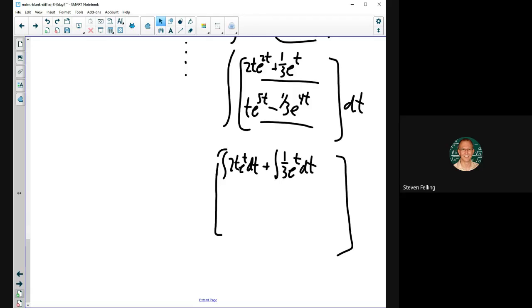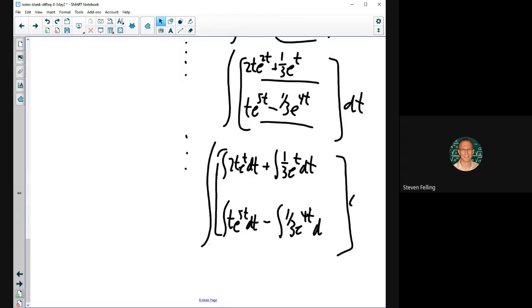And then this second row is going to be the integral of t e to the 5t dt minus the integral of 1/3 e to the 4t dt. Okay, we still have all this on the outside. We still have to do the integral, or we're doing the integral now. Sorry, I erased it. Okay, good. There we go.